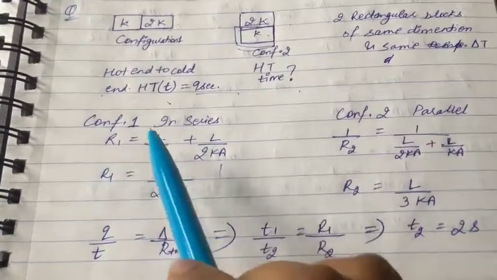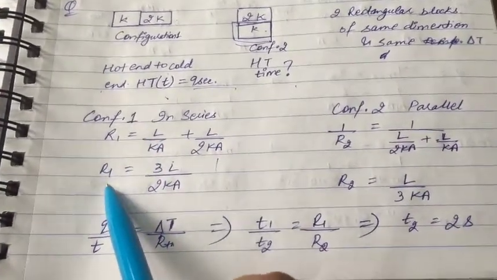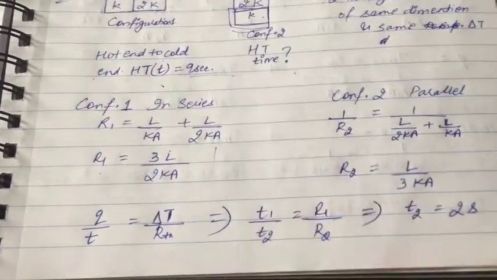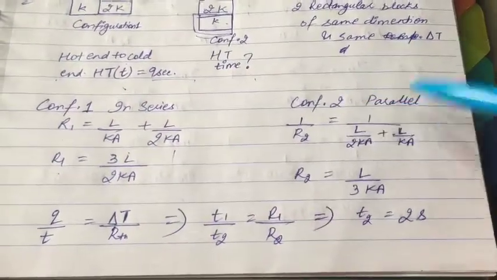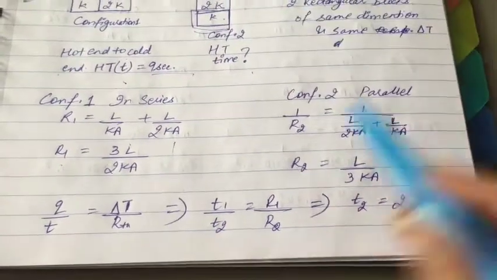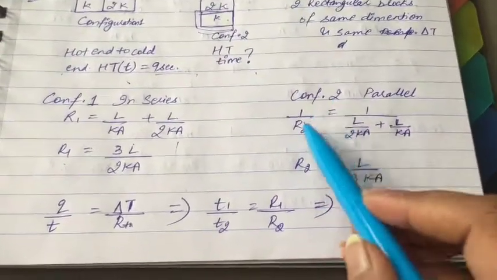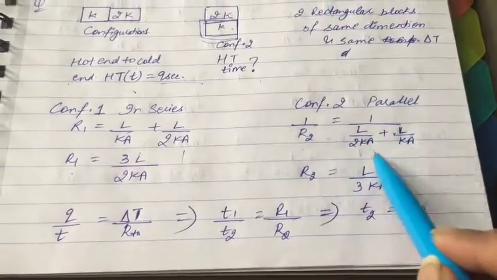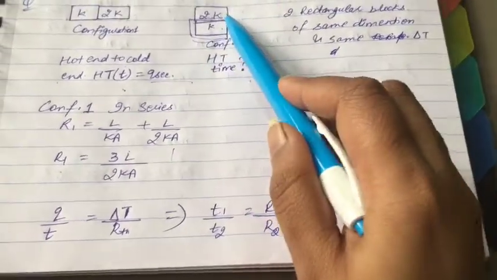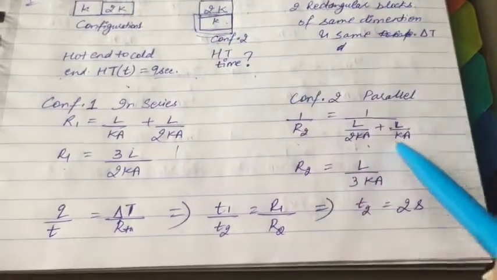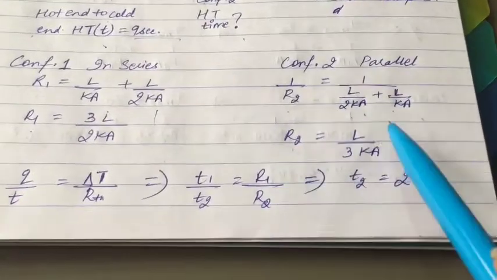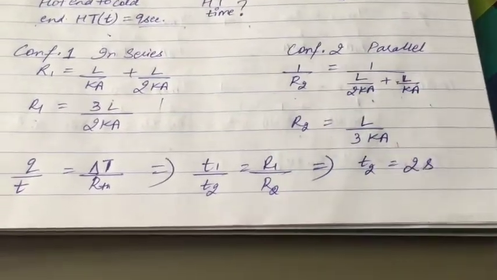So taking their sum, our R1 for configuration 1 comes out to be 3L by 2Ka, and for configuration 2, which is in parallel, to calculate this overall resistance, 1 by R2 would be equal to 1 by resistance of first block plus 1 by resistance of second block. For parallel configuration 2, our resistance comes out to be L by 3Ka.